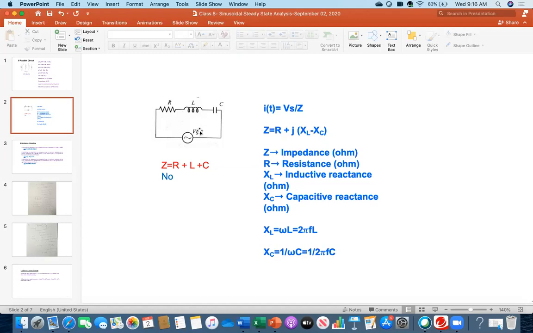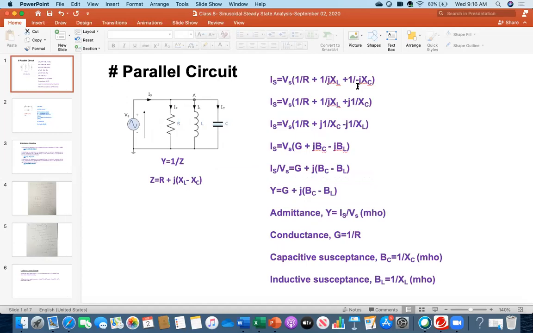So for this component it is R, for the L component it is jXL, and for this component it is minus jXC. In the parallel circuit I am doing 1 over R, 1 over this one, 1 over this one. So once again, look very carefully: Vs over jXL, then Vs over minus jXC.